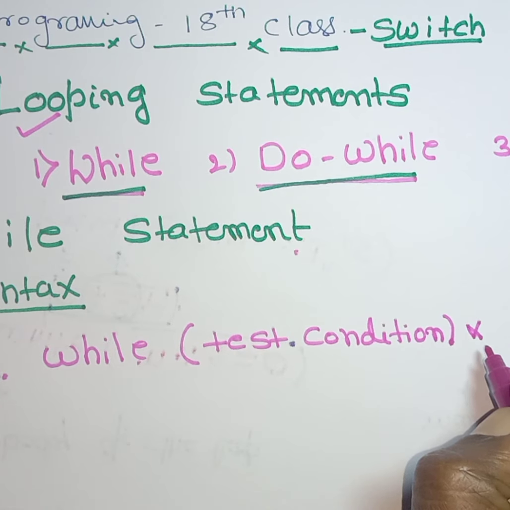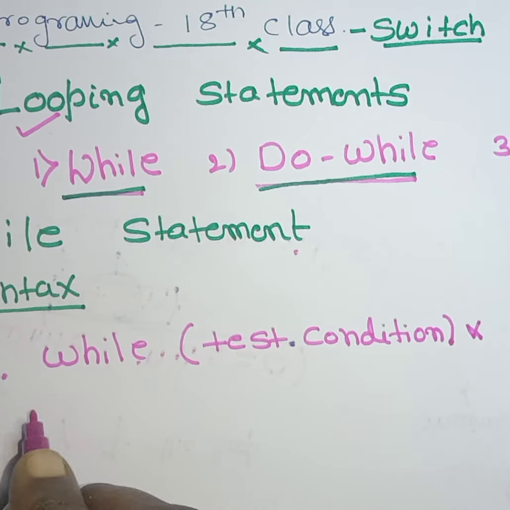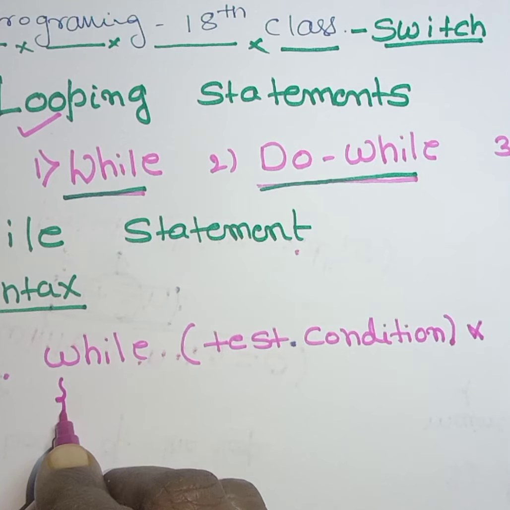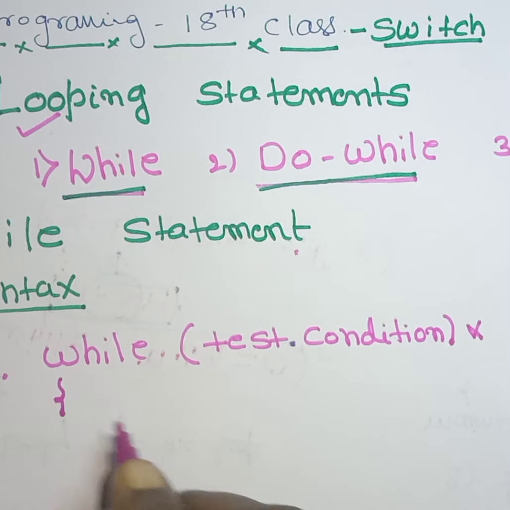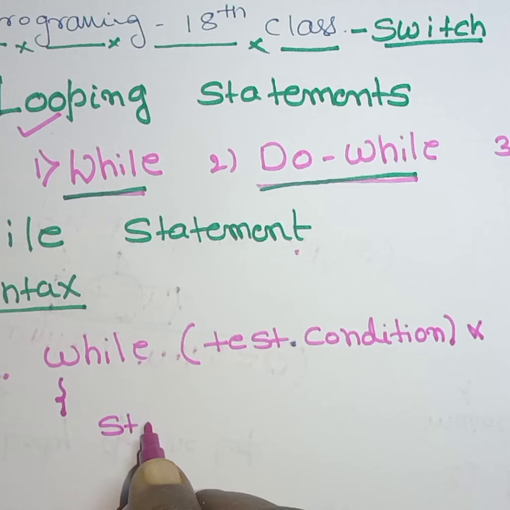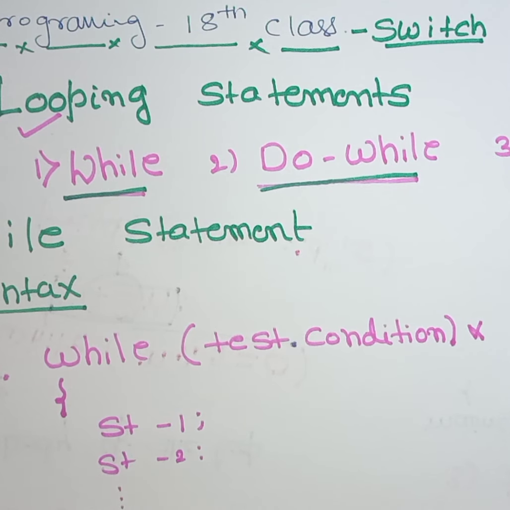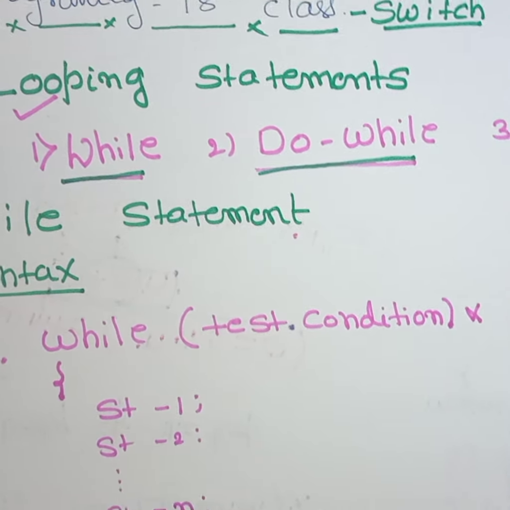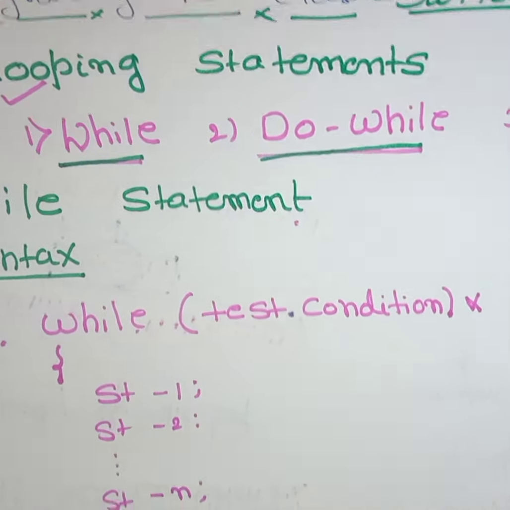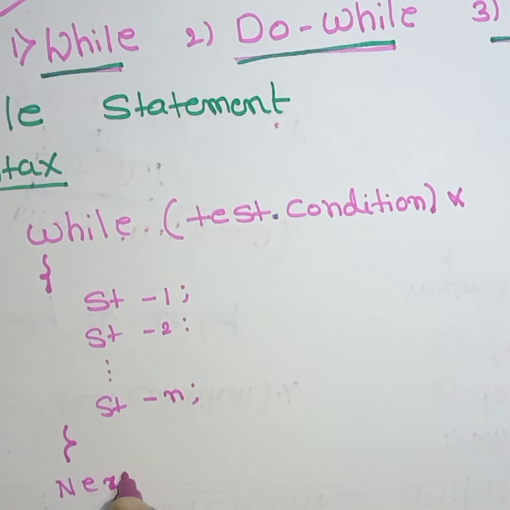Next you write the opening brace of this while statement, and next statement 1, statement 2 up to statement n. Then the end of this while statement, and next you write the next statement.